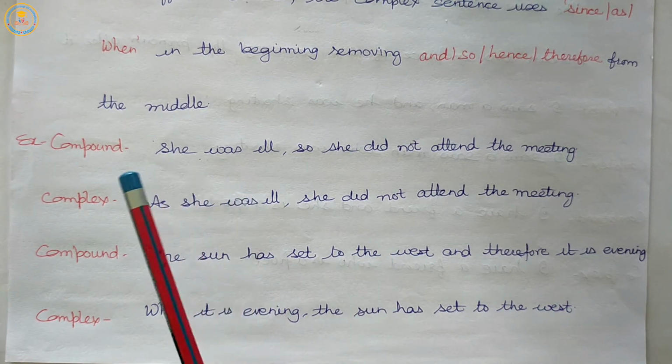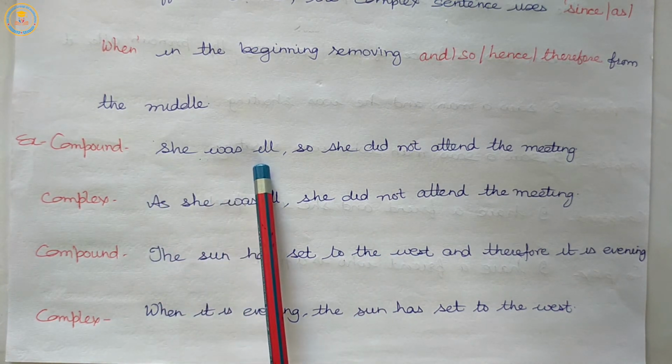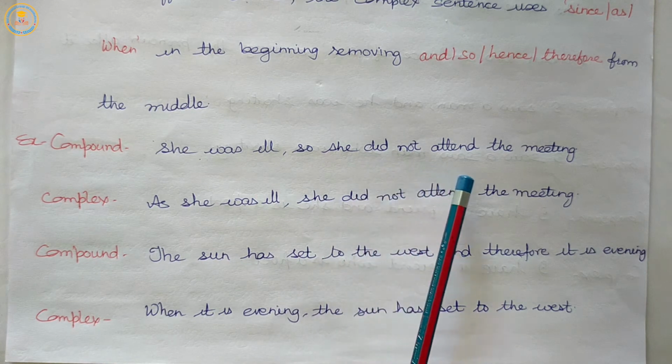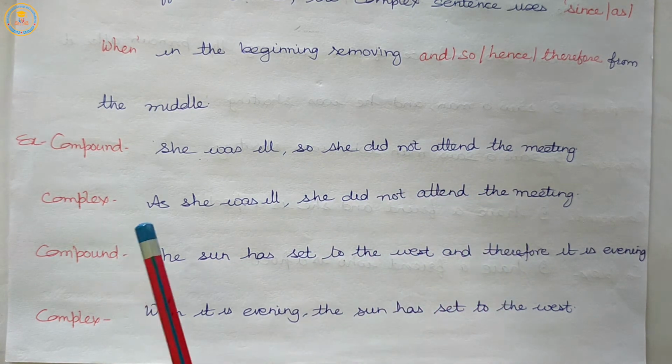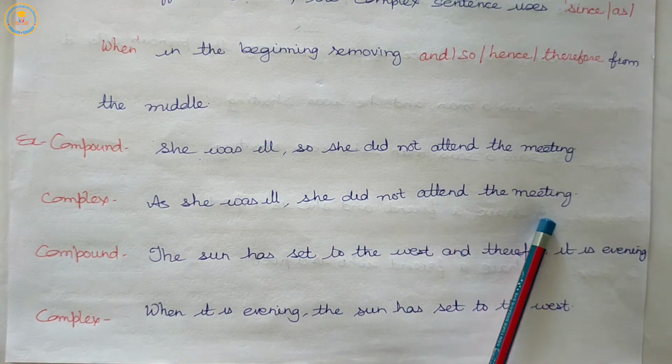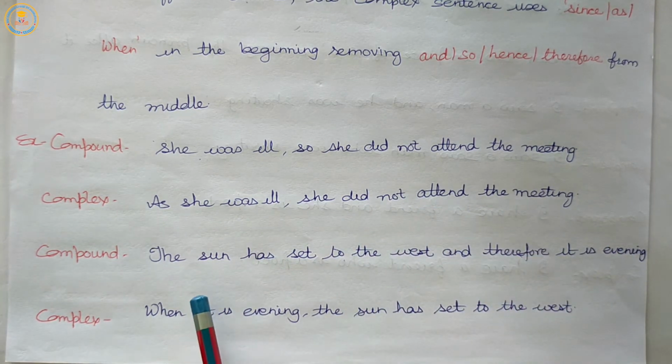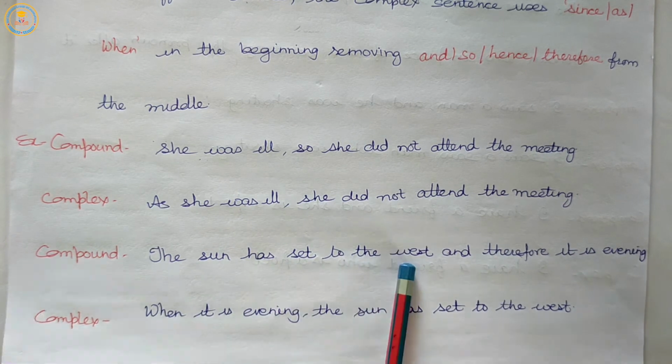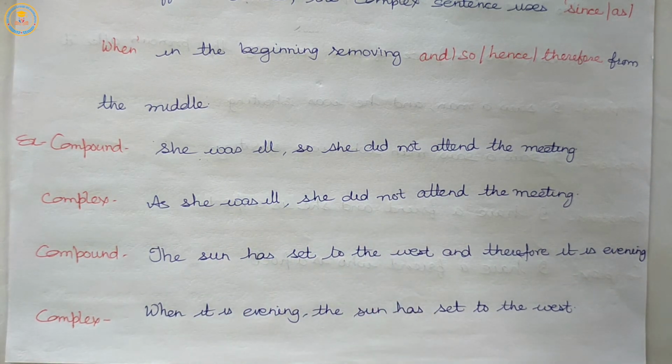So let us see it with the example. She was ill, so she did not attend the meeting. As she was ill, she did not attend the meeting. The sun has set to the west and therefore it is evening. When it is evening, the sun has set to the west.